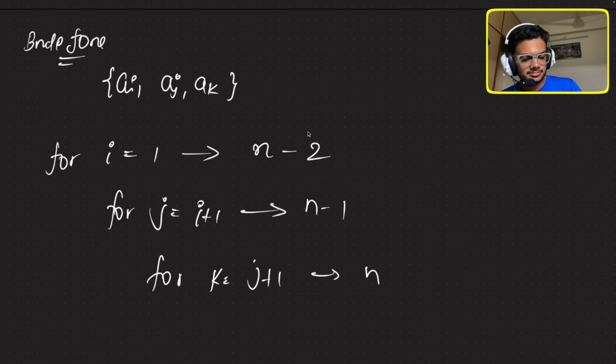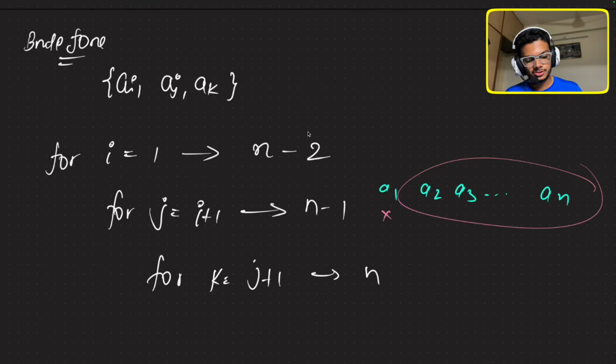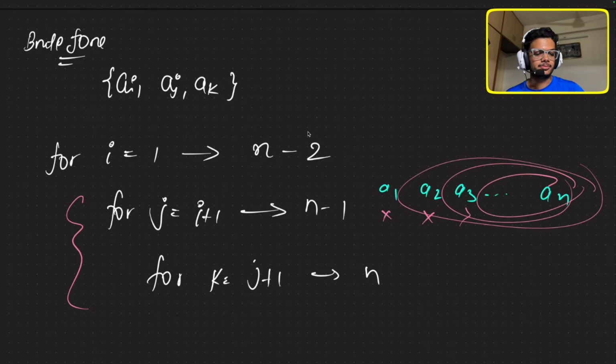So if you have elements a1, a2, a3, and so on till an, you'll fix a1 and try to find all the possible pairs. This loop I guess you're already familiar with, finding all the possible pairs. Then you fix a2, then you find all the possible pairs from a3 till an. You fix a3 and then find all the possible pairs from a4 till an.